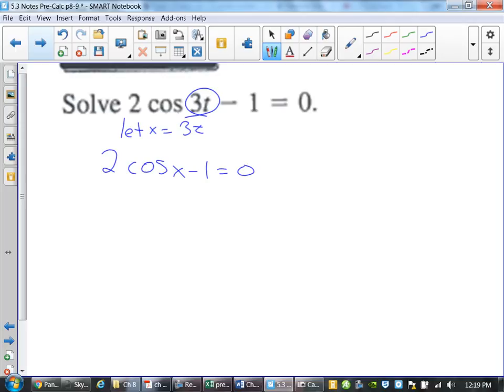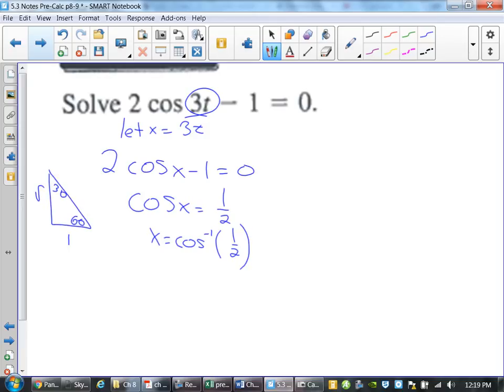We solve it just like we would here to get our general solution. Add 1, divide by 2. So what angle has a cosine of 1/2? Well, pi over 3.